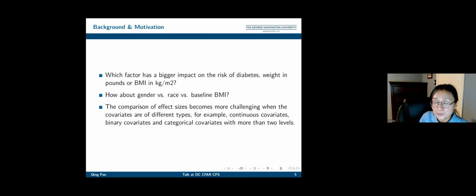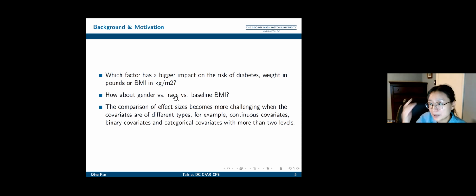The other thing that gets more complicated is that the covariate may not be continuous. A lot of times we have categorical covariates, like binary. A lot of covariates are binary: disease history, family history, male, female, African-American or non-African-American, or multi-category.